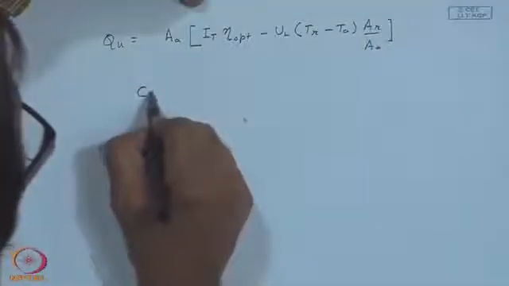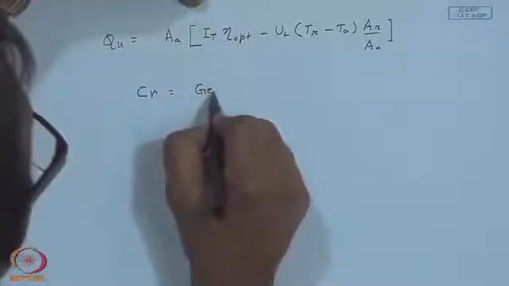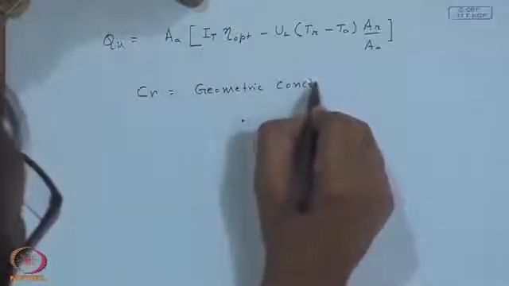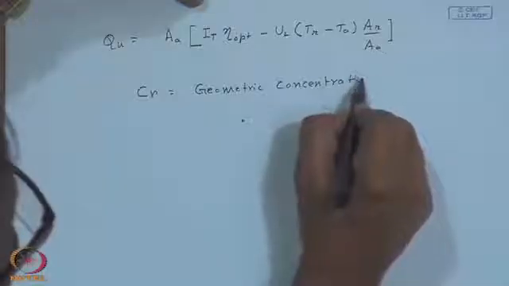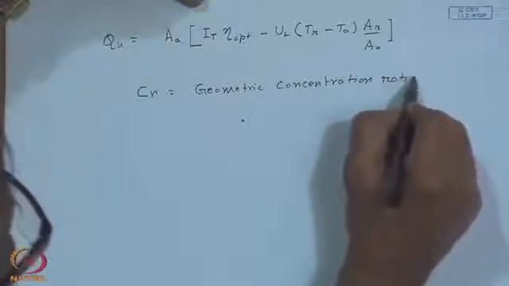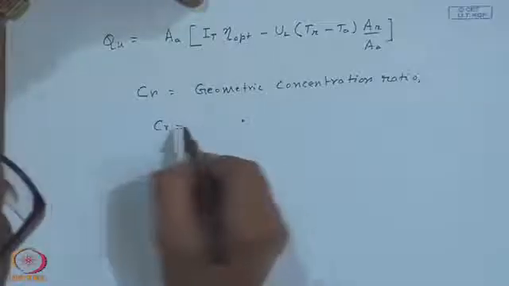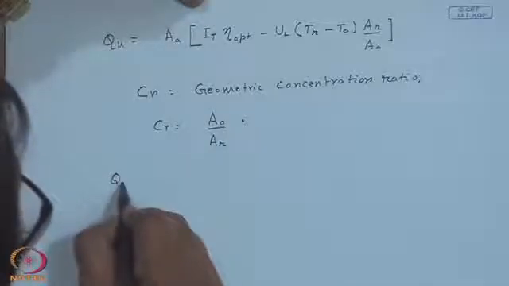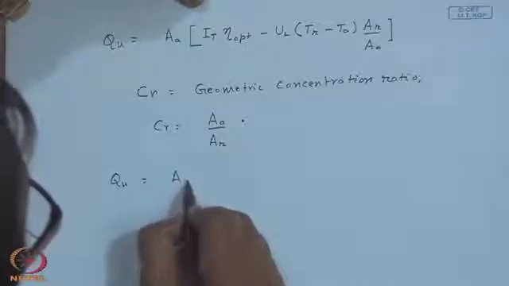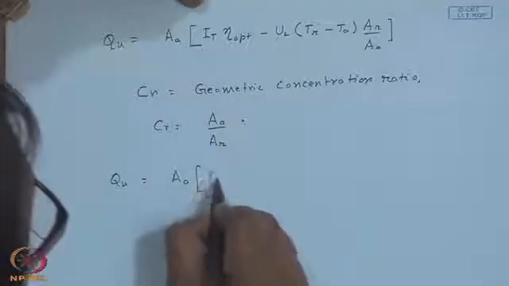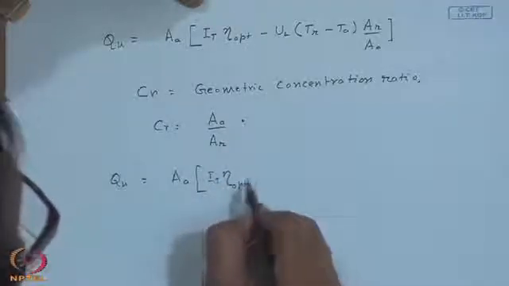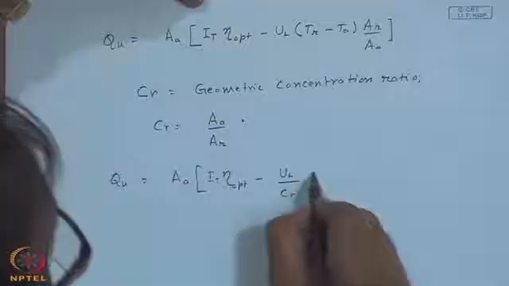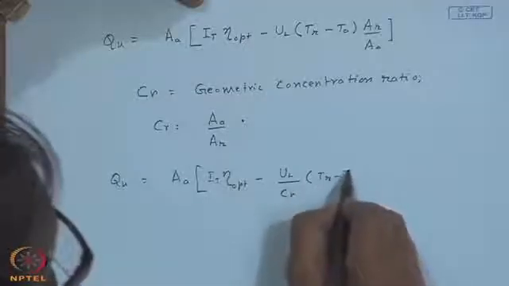Now, if I define CR, a geometric concentration ratio, AA by AR, QU can be put in this particular form: AA times IT eta optical minus UL by CR times TR minus TA.